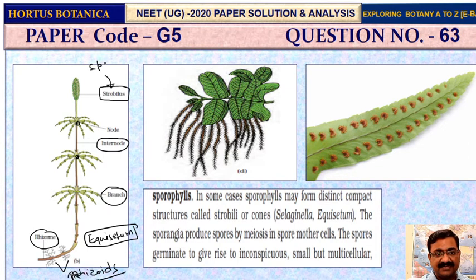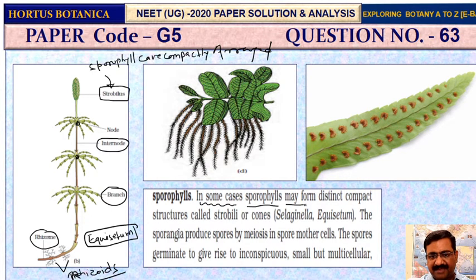So you will find that sporophylls are compactly arranged here, right? This is also written in your NCERT. See, what is written in your NCERT? In some cases, sporophylls may form distinct compact structures. That structure will be clearly visualized as a different, compact structure, and that very compact structure is called a strobilus or cone, as is found in Selaginella.